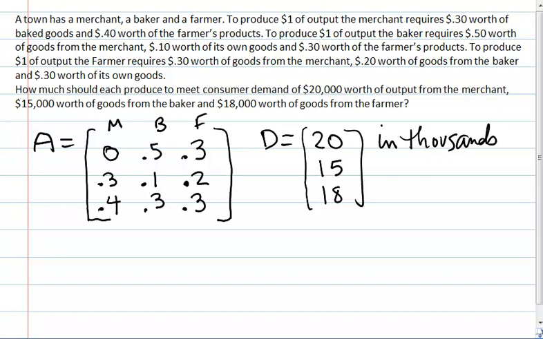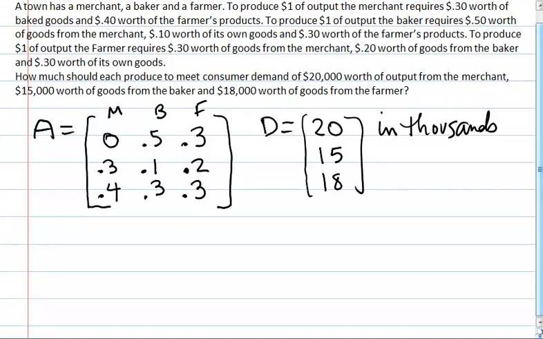So that's what the consumers want, but we know that they have to produce more than just the consumer demand because they need to make products for each other. Okay, let's take a look at why I put that input-output matrix together like that and how we're going to come up with a solution to the matrix equation.